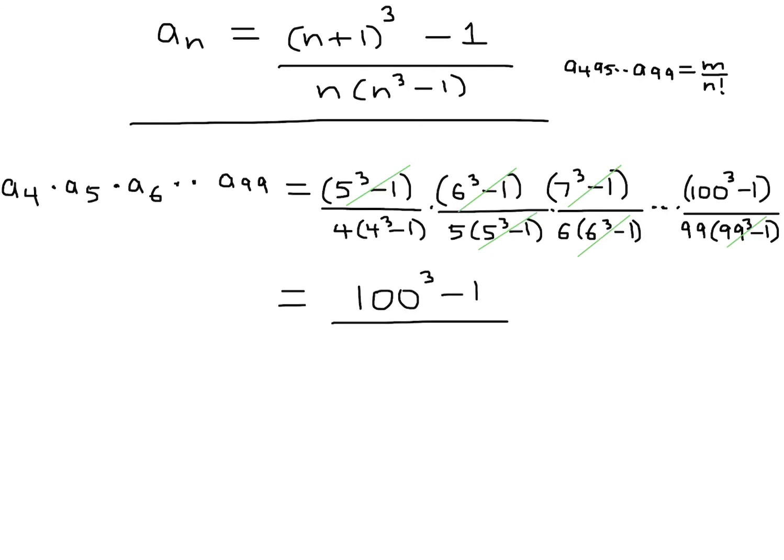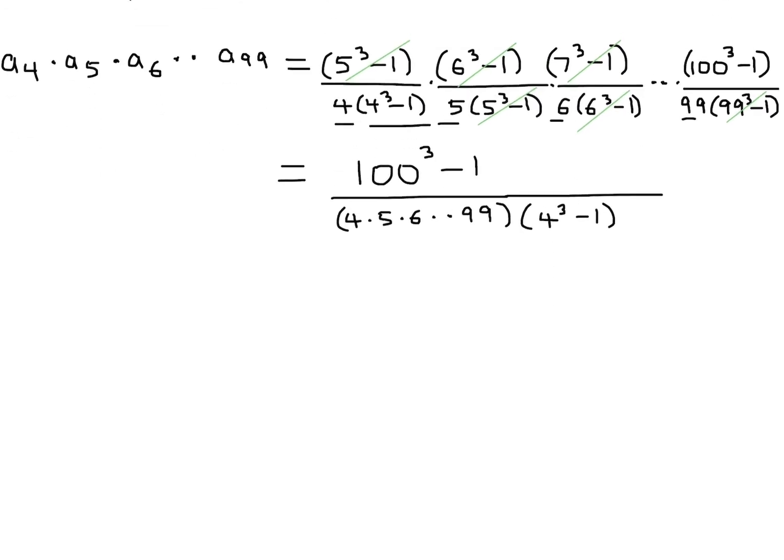And you'll have basically all these guys, 4, 5, 6, all the way to 99. So 4 times 5 times 6, dot, dot, dot, all the way to 99. And then you'll have this lone guy, don't forget about that, the one that didn't cancel, 4 to the power of 3 minus 1. Okay, so far so good.